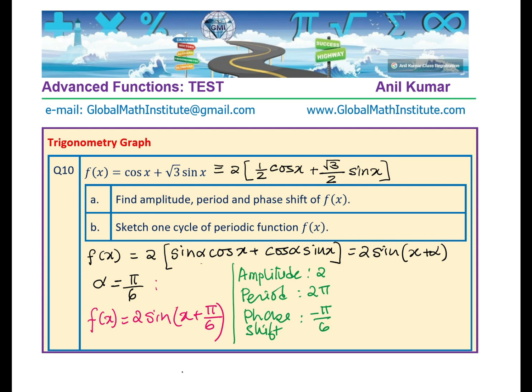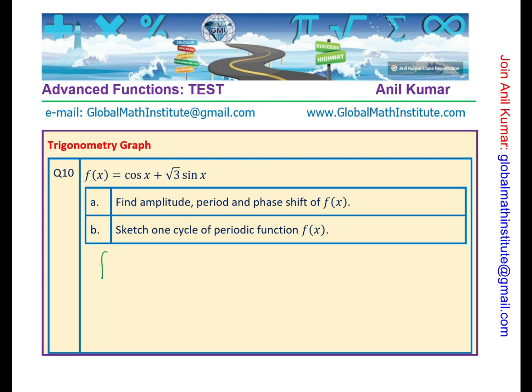Now it is a question of sketching this particular sine wave, one wave for this, right? So let's do that part. So we can rewrite our equation, which is f of x equals to 2 times sine of x plus pi by 6.